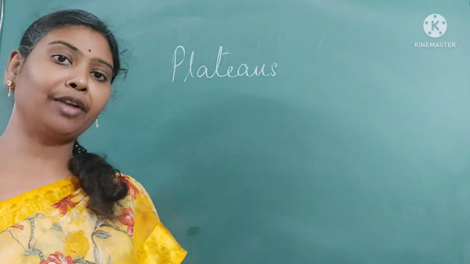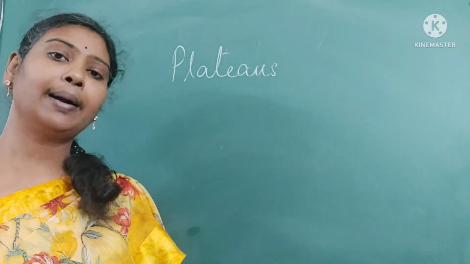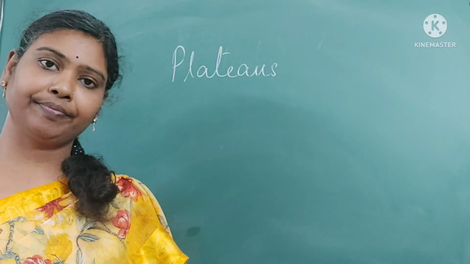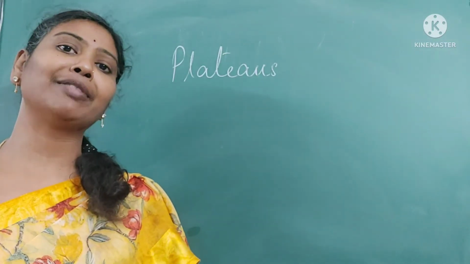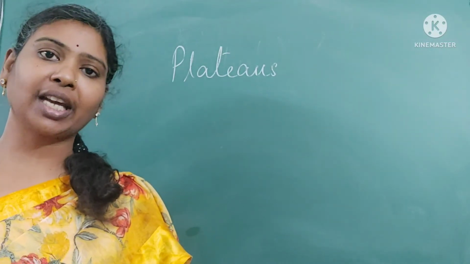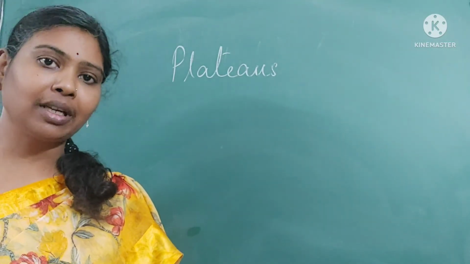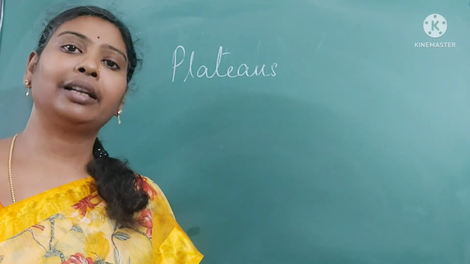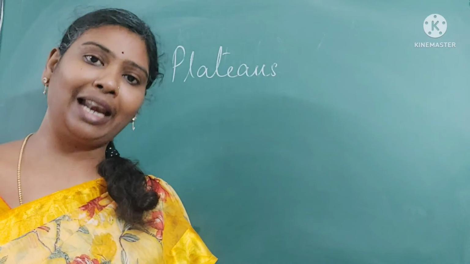And the next major landform we are going to see is the plateau. Plateaus are also elevated lands which have flat tops. And plateaus are termed the oldest relief or oldest landforms.